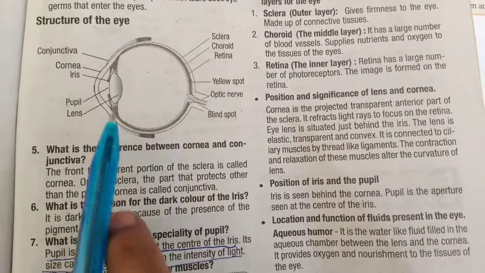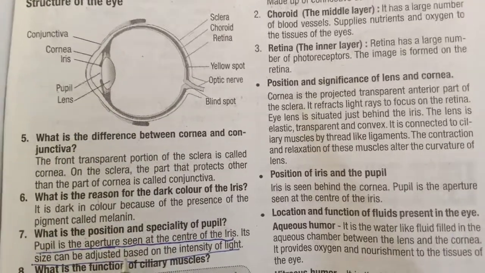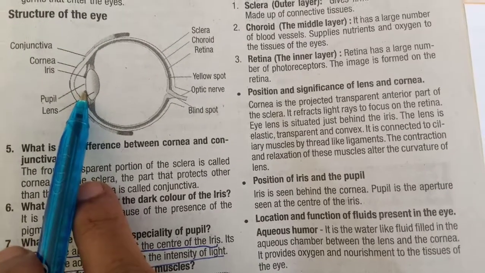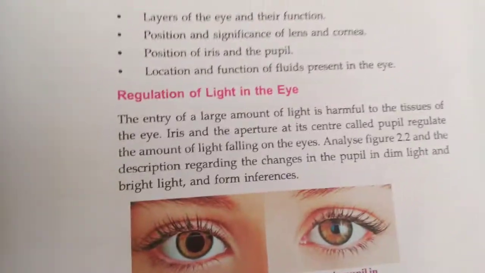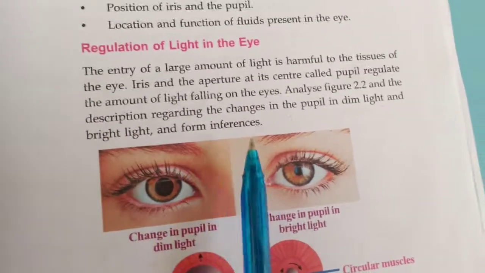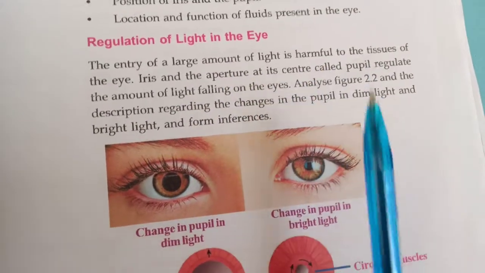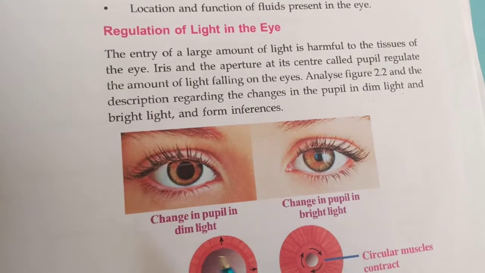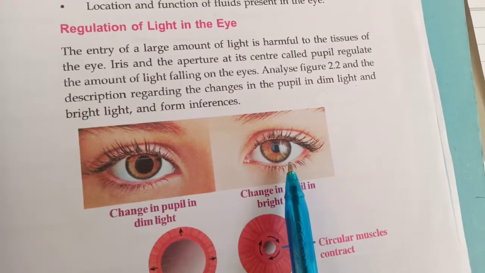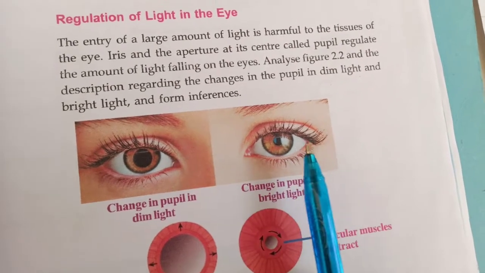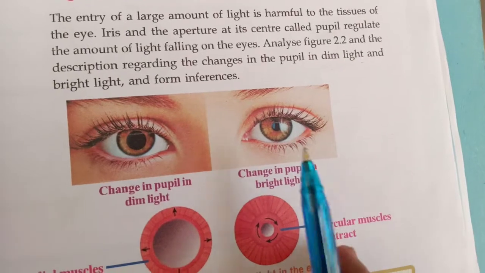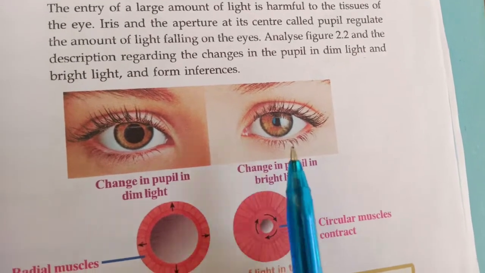Its size can be adjusted based on the intensity of light. This regulates the entry of a large amount of light. When bright light is coming, our eye will be slightly closed, like this.